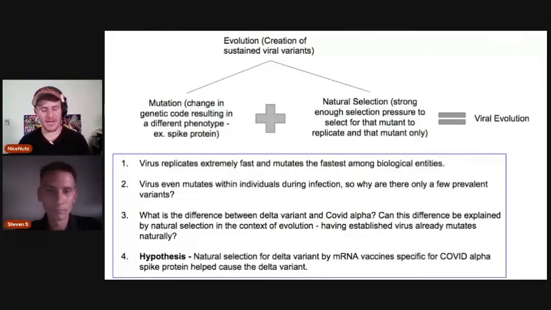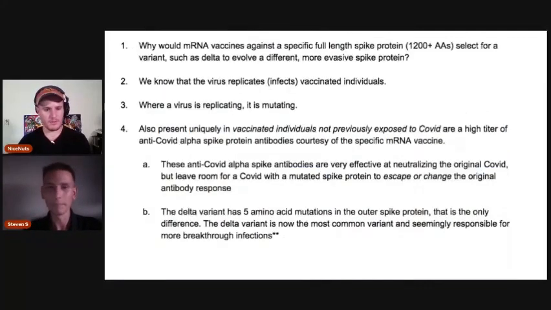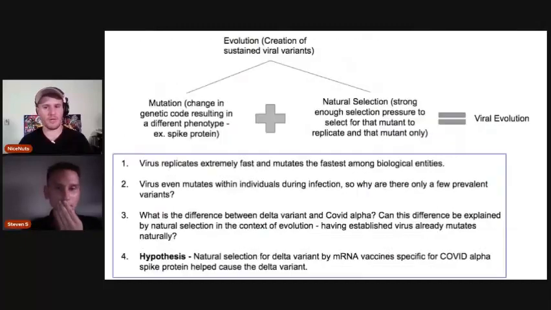So now that we've established that there will be variants because viruses do mutate, I think you had a second point on this side. Right. And just to go back, you might want to state the hypothesis. Oh, right.